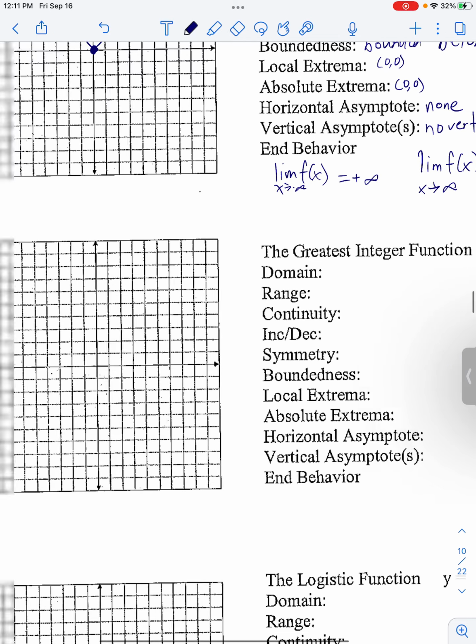So what does this graph look like? Let's start at 0. Okay, we put a point there. I'm going to do this in pink, actually. Oh, there we go. All right.